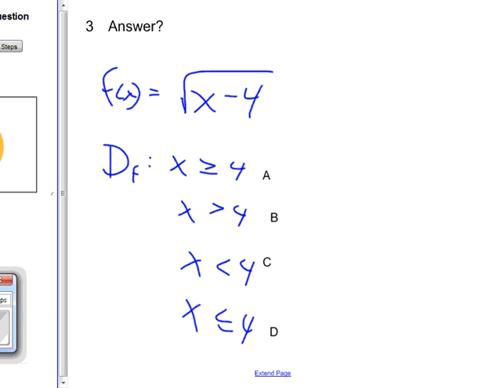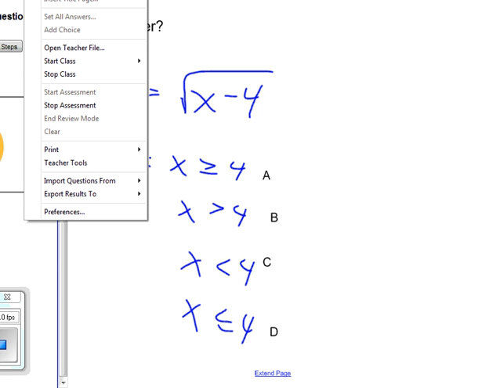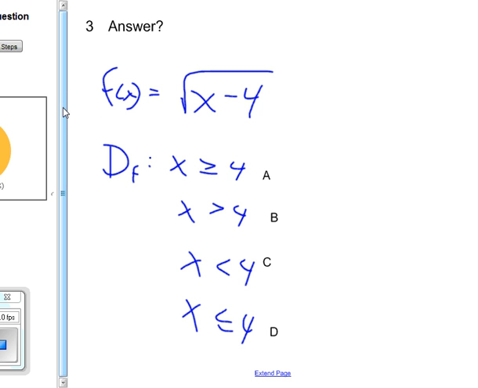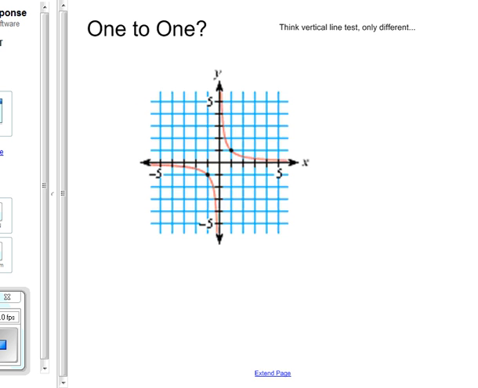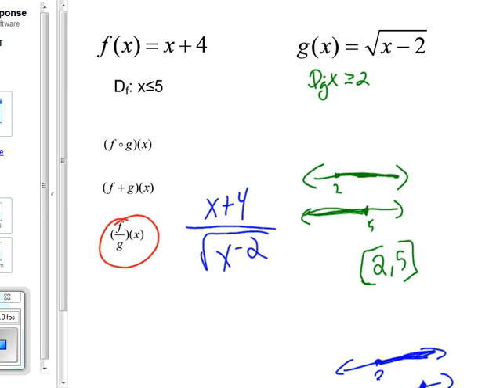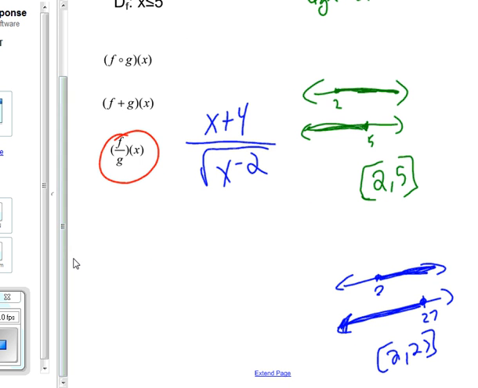You guys see where it says to stop the question? That seems like a flaw. Stop assessment. There we go. Okay. Good. So now I'm going to go back to this one here, and ask whether or not 2, 5 was the right answer.